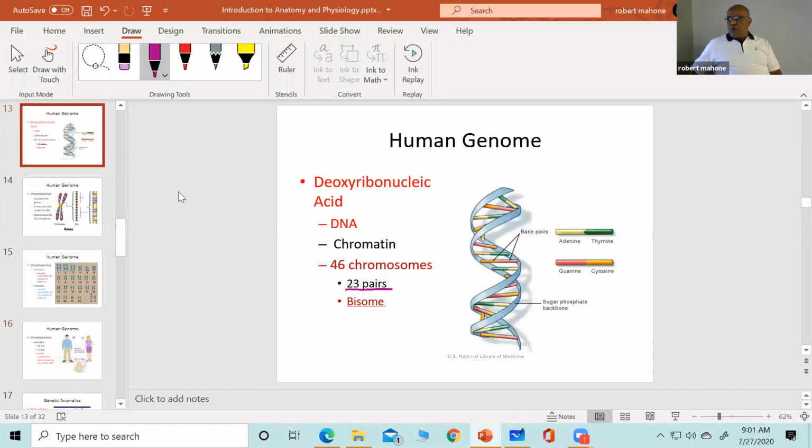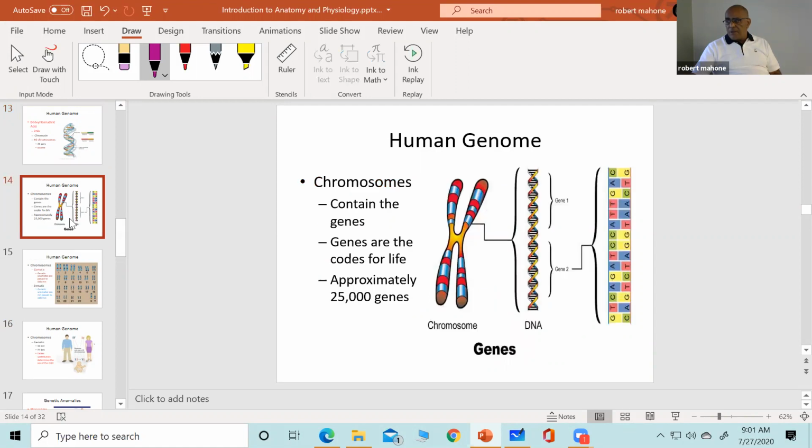Okay, so that is why humans are referred to as being bisome. We each have 2 sets of chromosomes, one from mother, one from dad, 2 full sets. And then we determine, based on our arrangement, how they come together, which one actually we will use. All right. 25,000 genes, chromosomes, genes are the code for life.